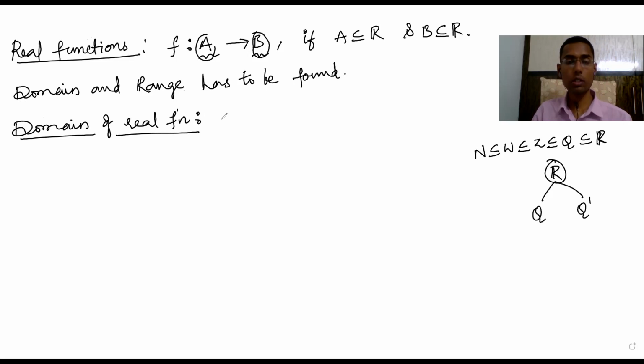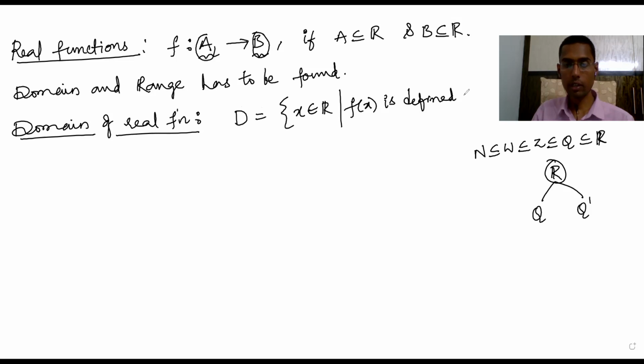The domain of a real function is the set of all the elements in set A. See, I am writing like this. The domain is, I am writing D equal to the set of all those real numbers for which f of x is defined in real numbers.